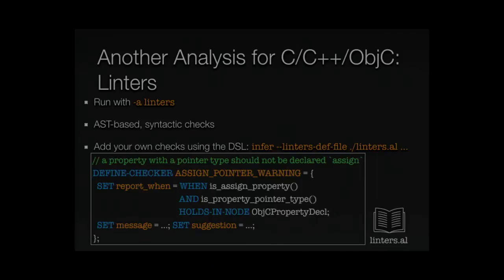And so when to report is easily expressible here. It's if this is an assigned property, and if it's of pointer type, and if I'm inside an Objective-C property decl, then I should report. And you can write quite a range of checkers using this small language.